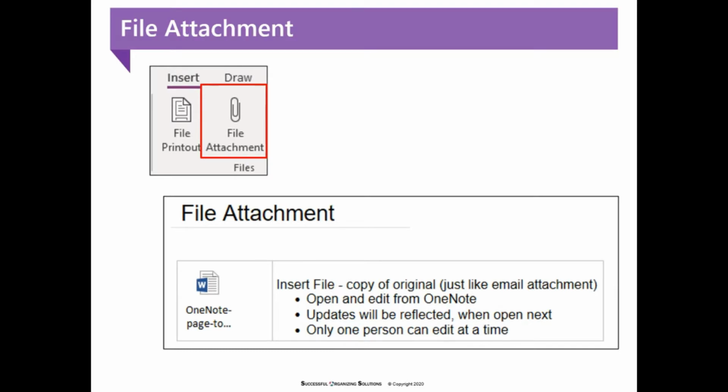If you open the file from within OneNote, all the changes that you make will be saved to the attached file. When you or anyone else on your team opens the file the next time inside of OneNote, all those changes will be visible. As a best practice, if you are attaching a file into OneNote, delete the original file so that you don't accidentally make changes on both of them and then wonder why you're not seeing them.